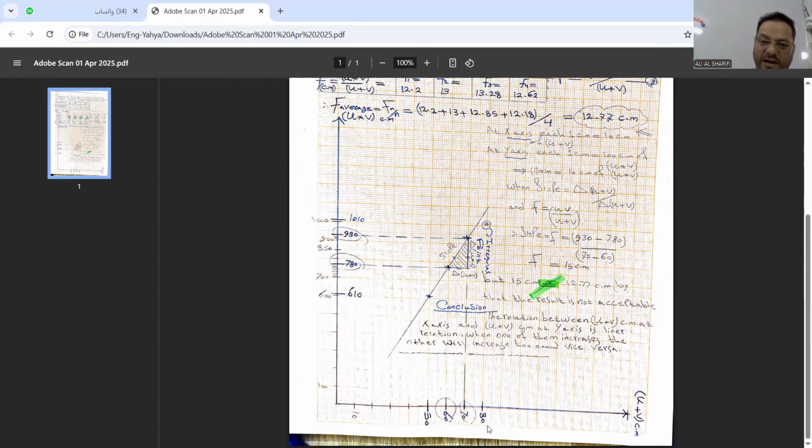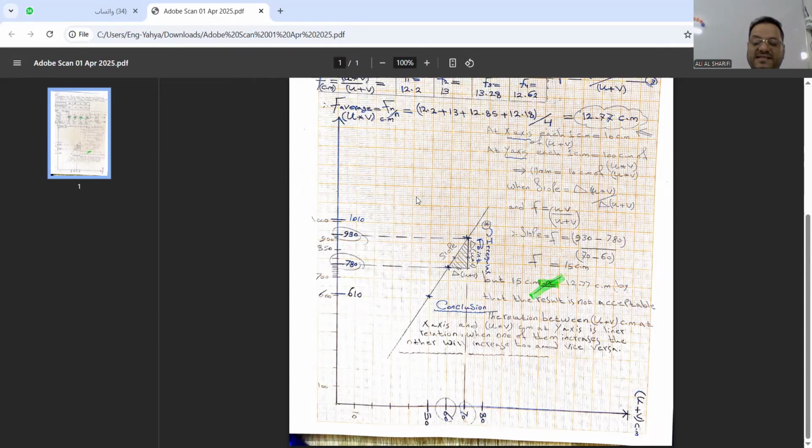And U multiplied by V on the y-axis will be each 1 centimeter equals 100 centimeters of U multiplied by V, like that: 1 centimeter, 100, 200, 300, 600, and each 1 millimeter will equal 10 centimeters of U multiplied by V.